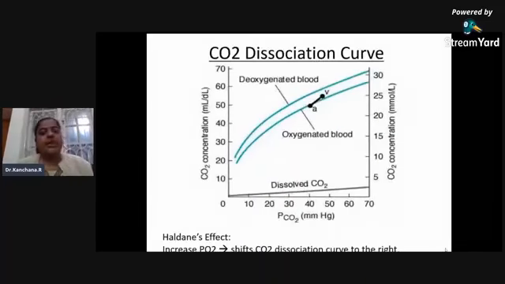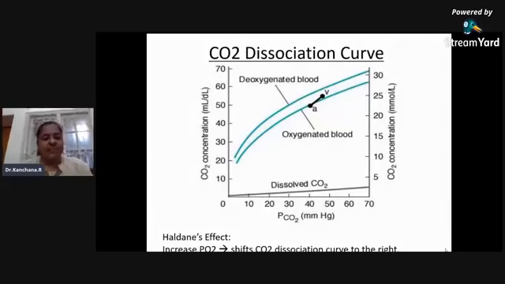Now, at a given PCO2 level, compare the carbon dioxide content with the amount of oxygenation of the blood. In case of deoxygenated blood, the curve will shift upwards and to the left, at the same given PCO2 level, for example 40 millimeters of mercury.